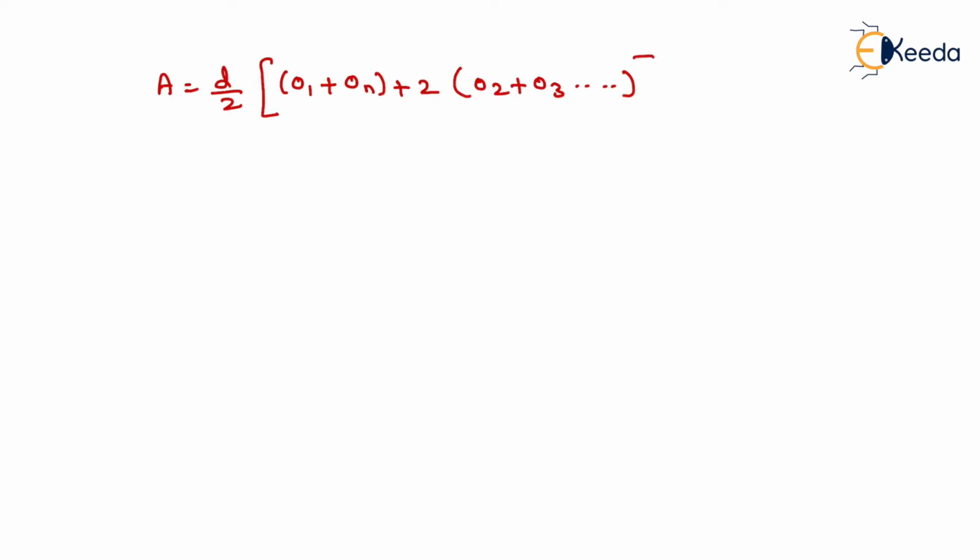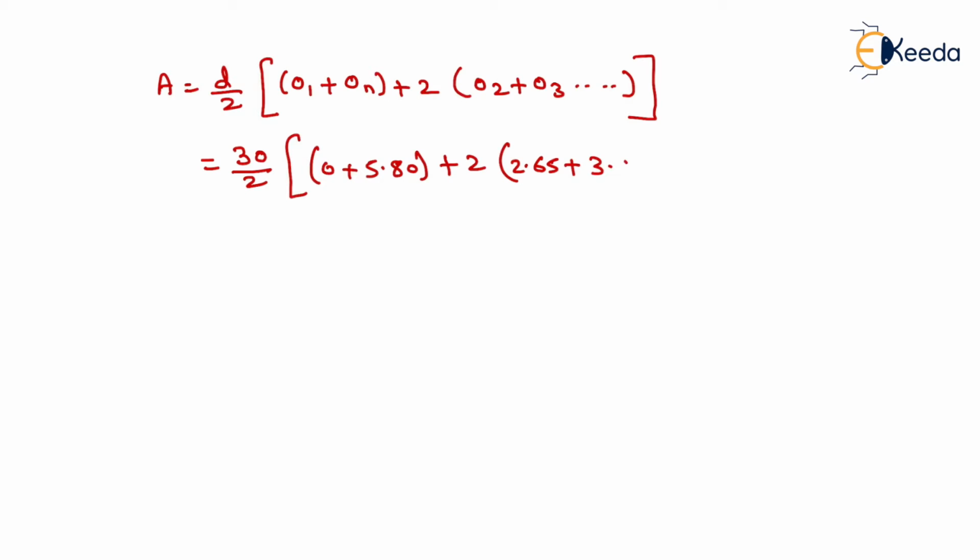Okay students. Now we will put the values of all this, that is the common distance is 30 meter. So we will write the value of D as 30 divided by 2, and the first offset is 0 and the last offset is 5.80, plus 2 into all the other offset sum, that is 2.65 plus 3.8 plus 3.75 plus 4.65 plus 3.60 plus 5.